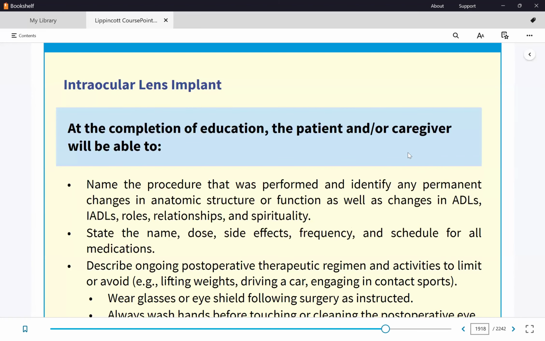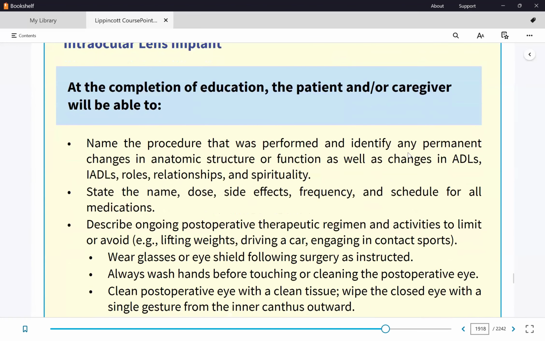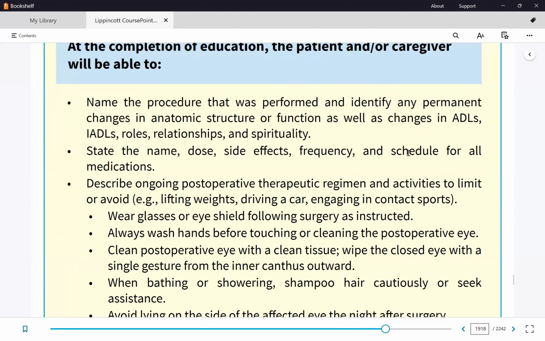Now take note, although this says intraocular lens implant, this is actually applicable to any eye surgery, because whatever they did to the eyeball, whether it's a lens implant or cataractectomy, is it surgery to the eye? Yes. So therefore, will post-op care be different? No, because it's the same eyeball that you traumatized, right?